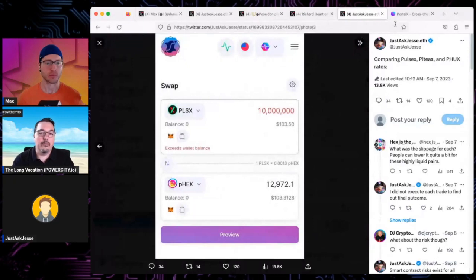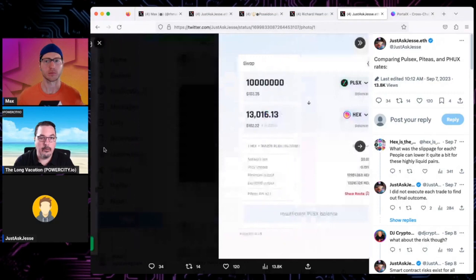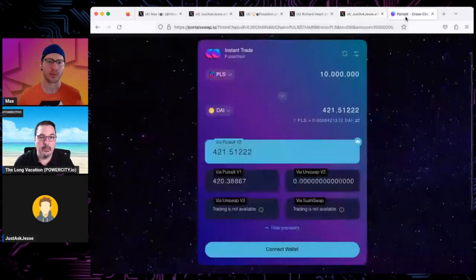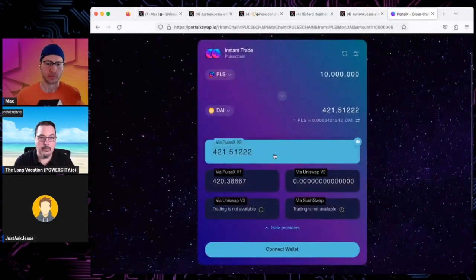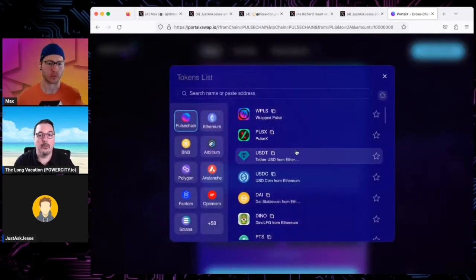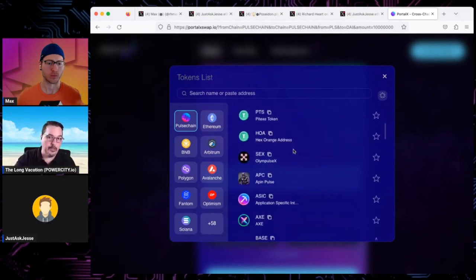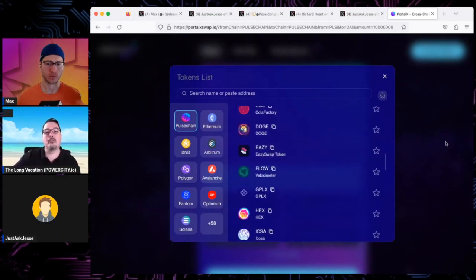Gotcha. Now, as far as for on-chain swaps, PortalX is always aggregated across 5 or 6 different DEXs if you include the various different versions. So Uniswap v1, 2, and 3, SushiSwap, and then PulseX versions 1 and 2. So all of those were aggregated, and when you did pull up that trade, you saw each of those were quoted.